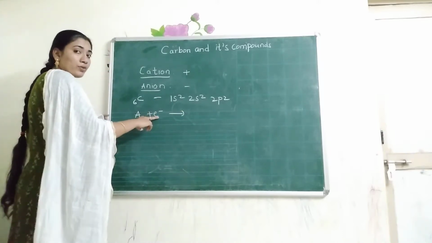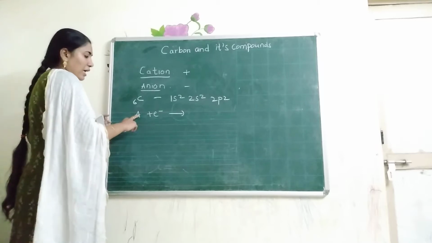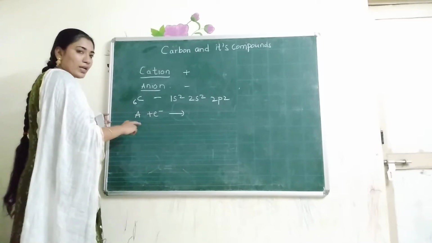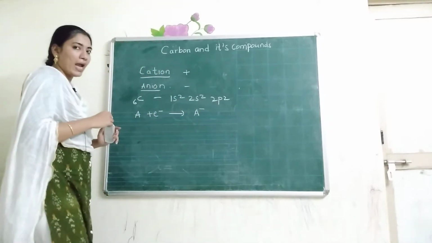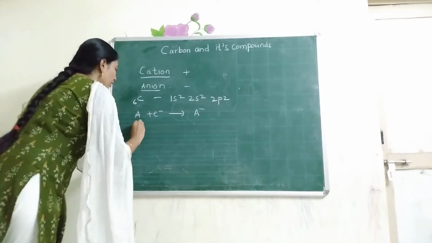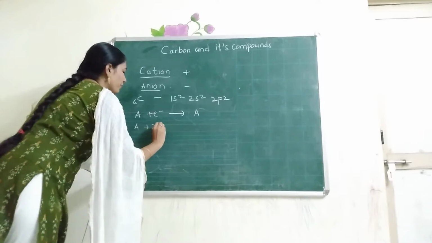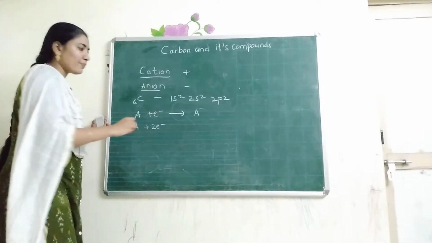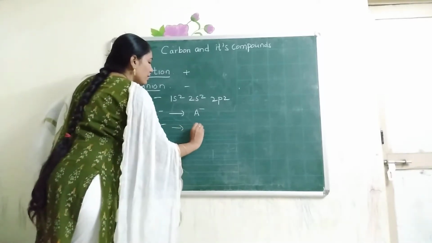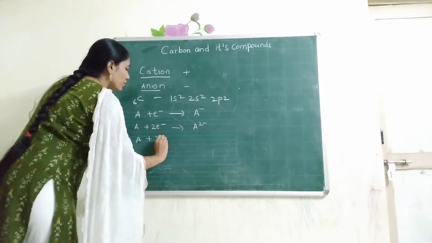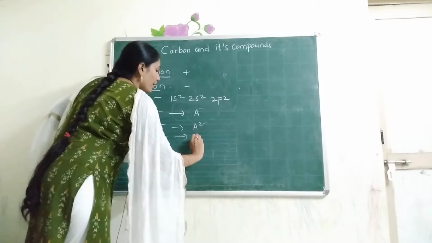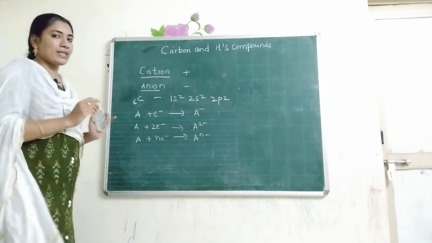I am adding negative charge to the neutral atom, that means I am adding electrons. It becomes A minus, that means an anion. If I add two electrons to the neutral atom, it becomes A2 minus. If I add n electrons to the neutral atom, it becomes An minus, isn't it?